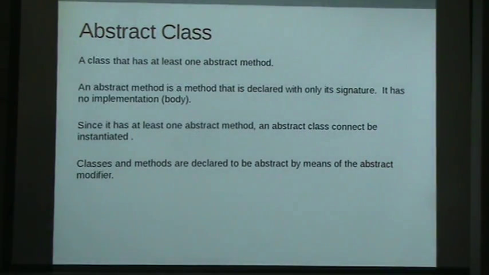Since the class has at least one abstract method, nobody could ever create this object, because if you went and called that method, the compiler wouldn't know what to do. Actually, it would be doing nothing. That would be defined as an abstract method, and therefore it'd be dangerous to create an object and call that method on. So classes and methods that are considered abstract are used. You can explicitly call them abstract with the abstract modifier.